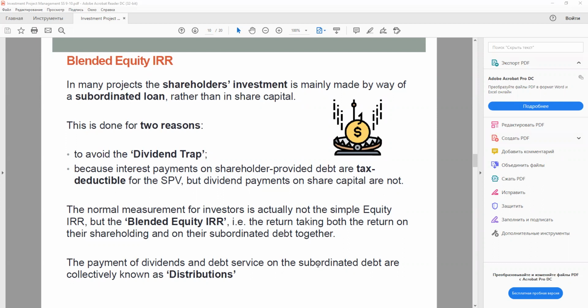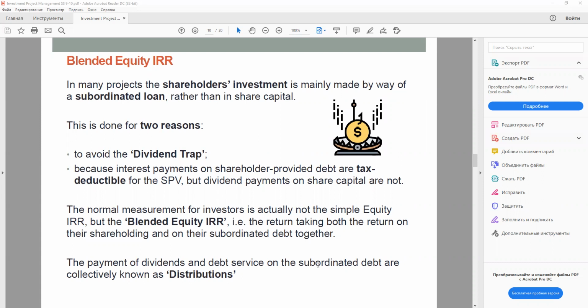In fact, the project company's share capital may be quite minimal, say $100 or 10,000 rubles as in Russia, with the rest provided as a subordinated debt at an interest rate close to the required equity IRR. The subordinated debt is normally stapled to the equity shares. That is, the proportion in which they are both held cannot be changed, and if one is sold, the other may also be sold pro rata.